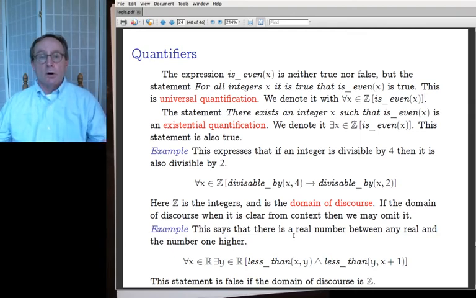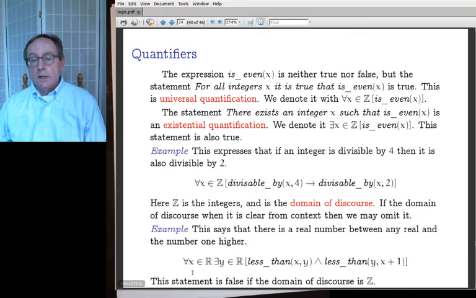It's not the world's hardest sentence, but I wanted to write it down in some sensible way. So how do you write it down? It says, for all x in the reals, you see the domain of discourse, there exists a y in the reals where x is less than y, and, remember the "and" symbol? y is less than x plus 1.